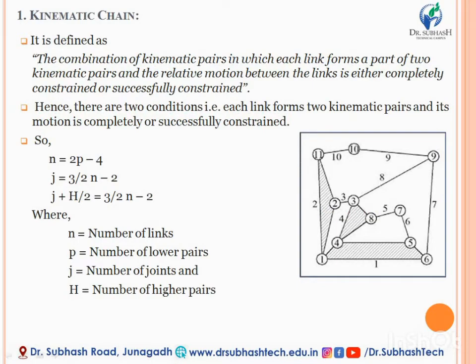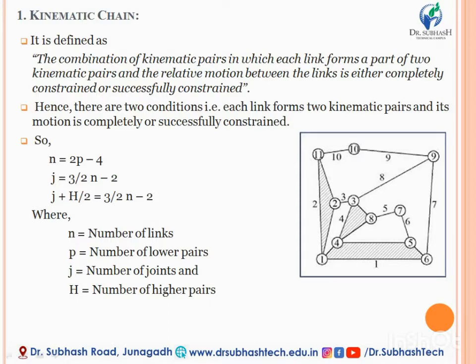Before going on to the various mechanisms and discussing them, it is very important to learn the term kinematic chain. Basically, it is defined as a combination of kinematic pairs in which each link forms a part of two kinematic pairs, and the relative motion between the links is either completely constrained or successfully constrained.